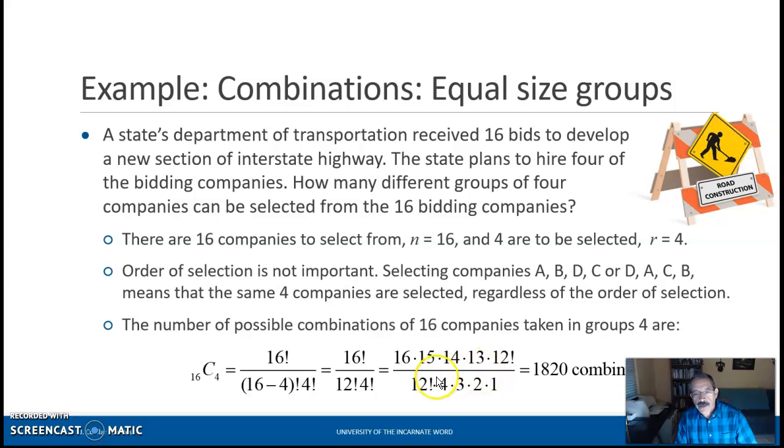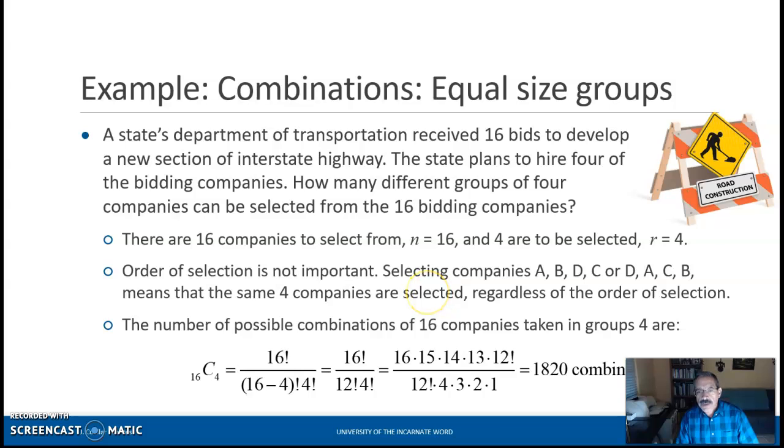So this 12 factorial cancels with this, so you multiply these 4 numbers and divide by these 4 numbers, and that will give you 1,820 combinations. Again, these are simple examples, but I hope I'm illustrating the difference between permutations and combinations.